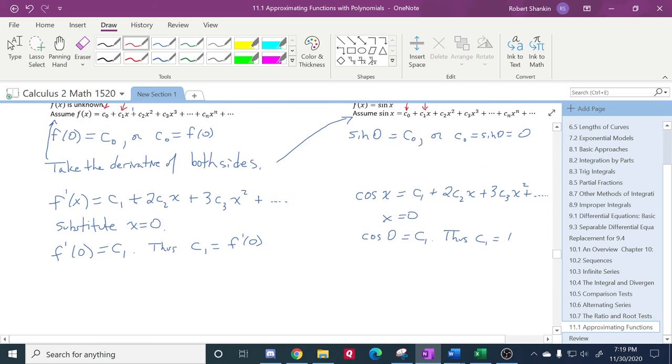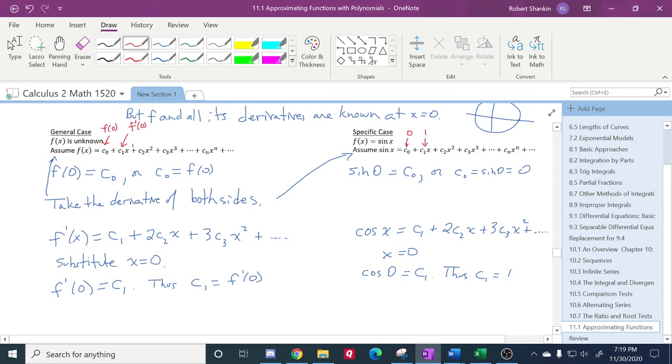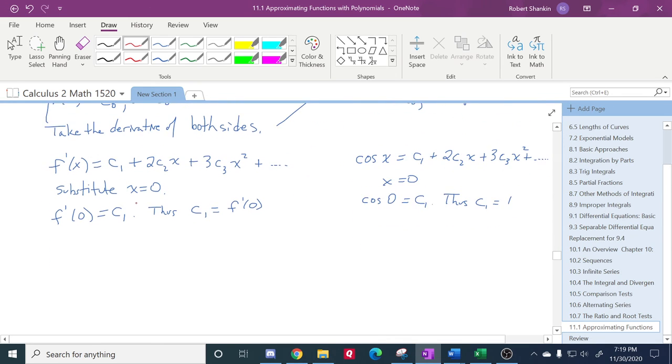Okay, and let's keep going. Now we're going to take the derivative of both sides. Again, this refers to here and here.